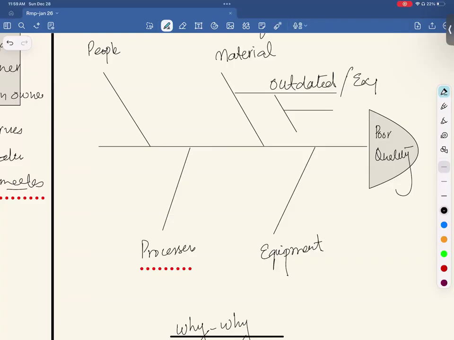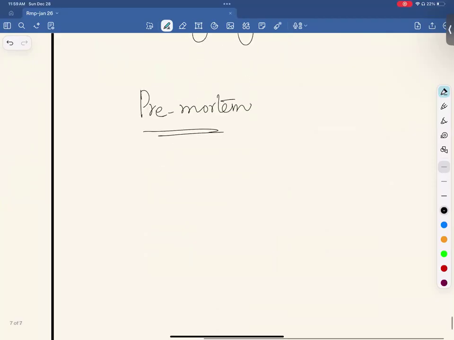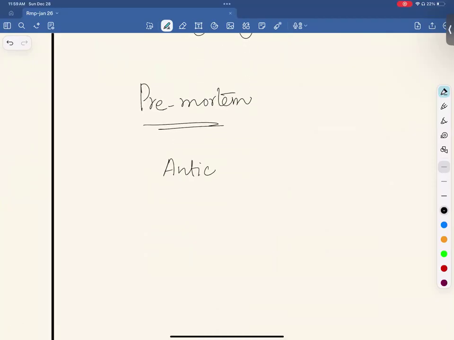Okay, so you use all these techniques, and in addition to data gathering, one is also called pre-mortem. Pre-mortem and post-mortem, you will see this in the exam. Pre-mortem is a practice used to anticipate and address project failures before you start the project. It is anticipation of expected project failure.